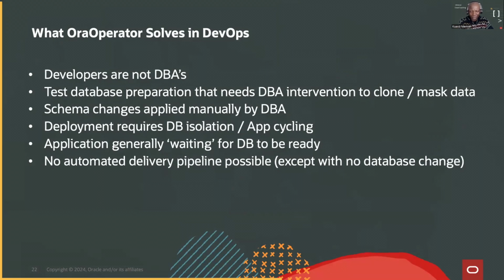You don't want to do that, right? You want to run a script, or integrate in your DevOps CI/CD pipelines, and then it's going to provision a database for you. If you need to delete, it's going to delete for you, etc. Same thing for DBAs. DBAs, they don't want to be there manually applying schema changes or things like that. So those are the sorts of issues that folding the operator into your CI/CD DevOps pipelines will address.